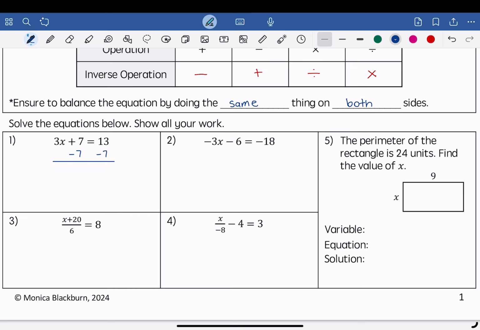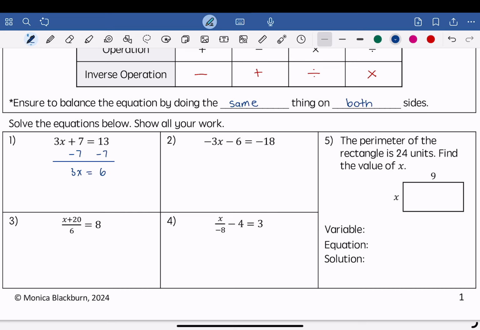I'm going to rewrite this, 3x. The plus 7 and minus 7 cancel each other out, is equal to 13 minus 7, which is 6. Now I have 3x is equal to 6. The 3 times x is multiplication. I'm going to use the inverse operation of division.